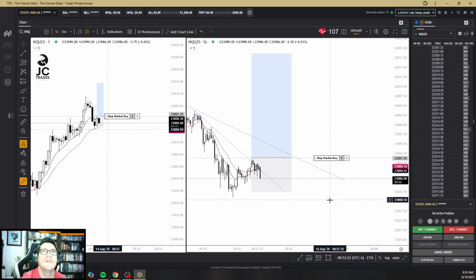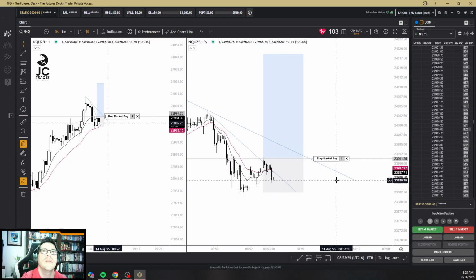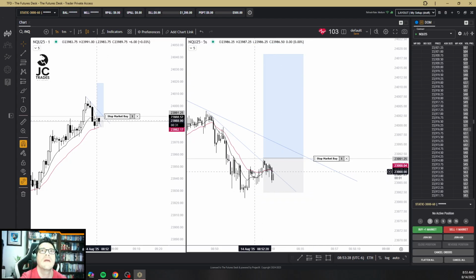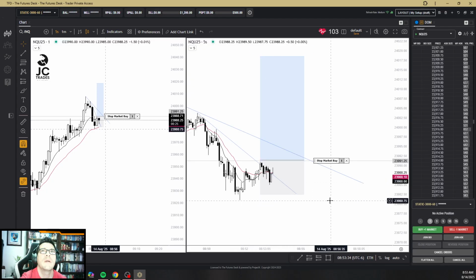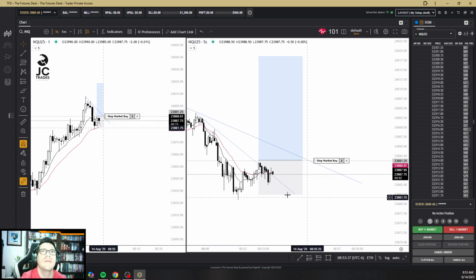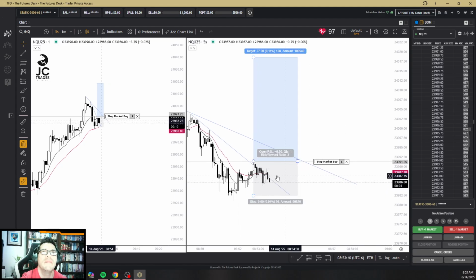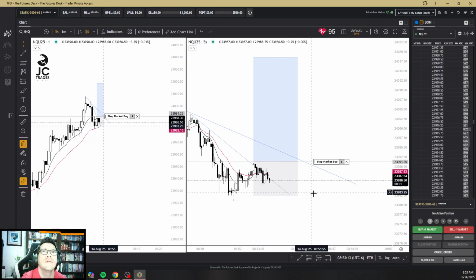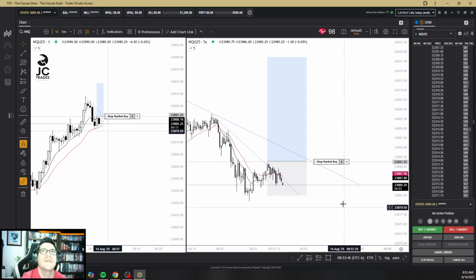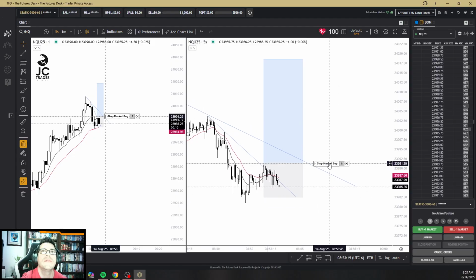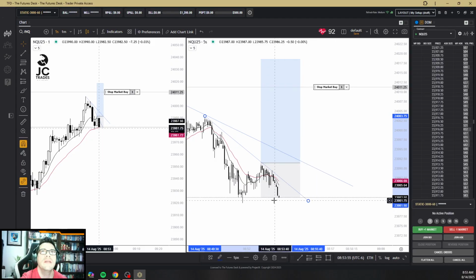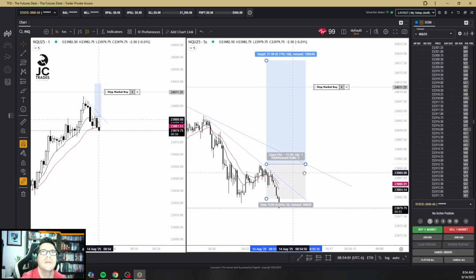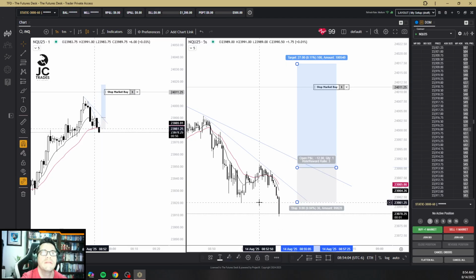So we're still okay. Now we have a strong move here to the downside. Price is kind of trying to reclaim the EMAs. So at this point what I'm going to do is draw this containment line once again and see if there's going to be some sort of double MB buildup from this point, or if this is just going to fail.